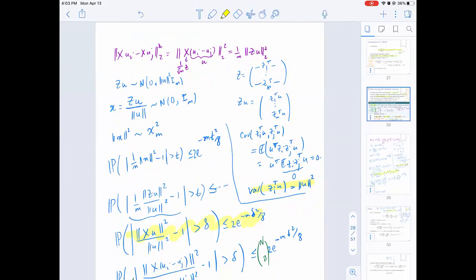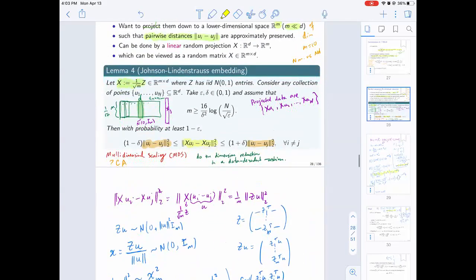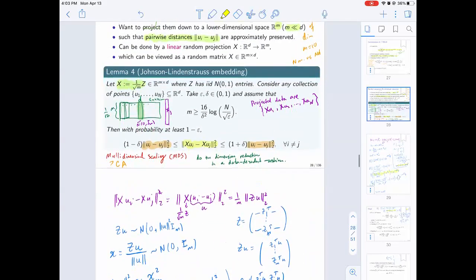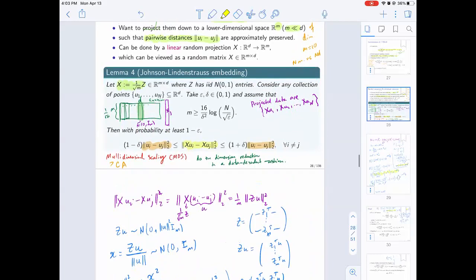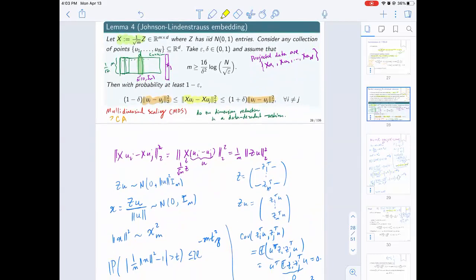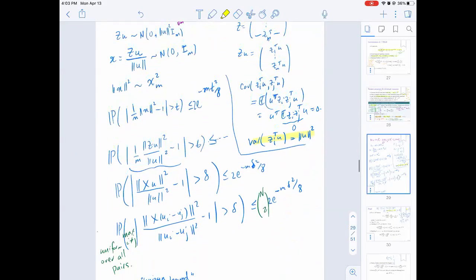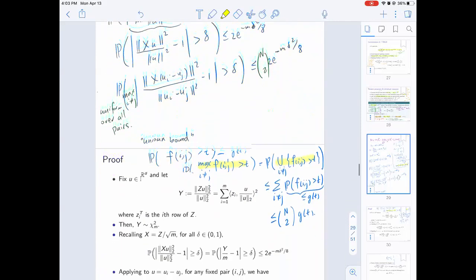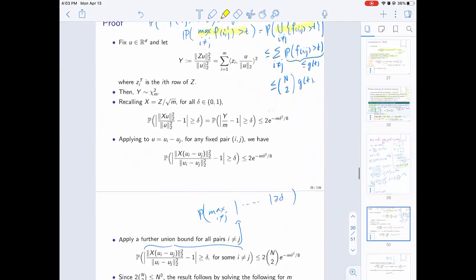But you can have the same result for any sub-Gaussian distribution, and that's a problem in your homework. So you could use the general machinery, let's say the HDP approach, to get a bound up to constants, which looks similar. There's nothing special about the Gaussian here, except the constant.